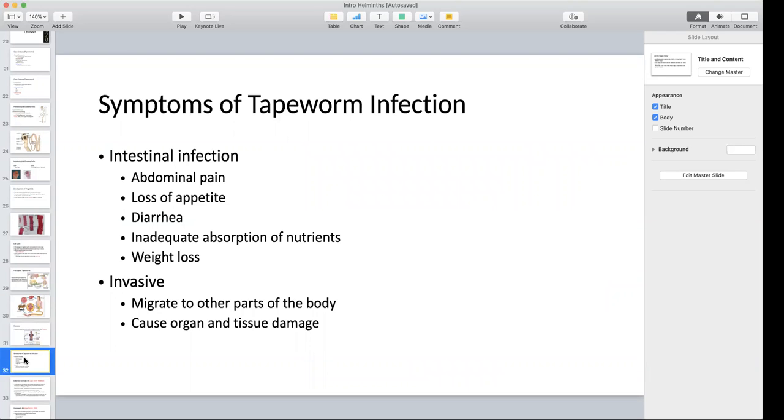It's not very healthy because these infections can become invasive and migrate to other parts of the body and do more damage to your organs and tissues. So we don't want to do that. Tapeworms are not good, and some of these have very long lives. They can live in your body for a very, very long time.